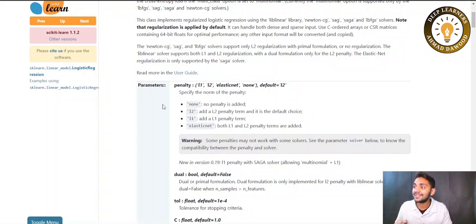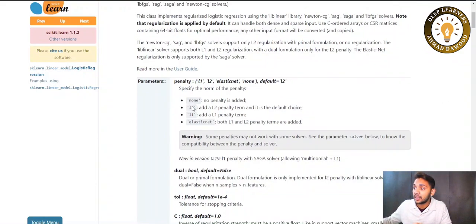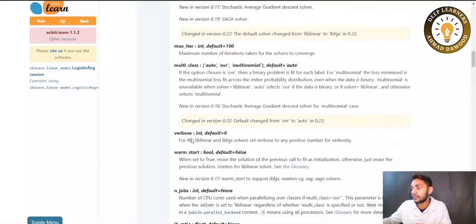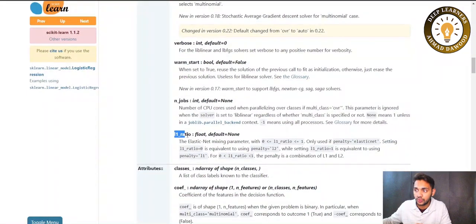So what is elastic net? In elastic net, both L1 and L2 penalty terms are added. It means that we can also specify how much L1 we want and how much L2. For that, there is a parameter here, l1_ratio.